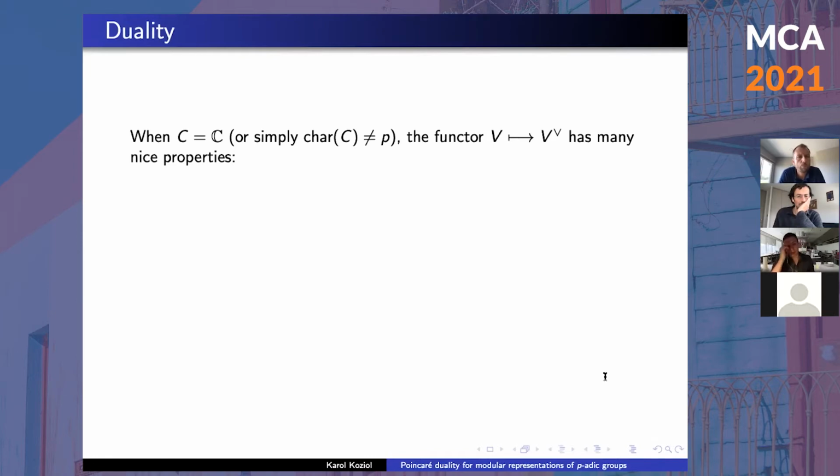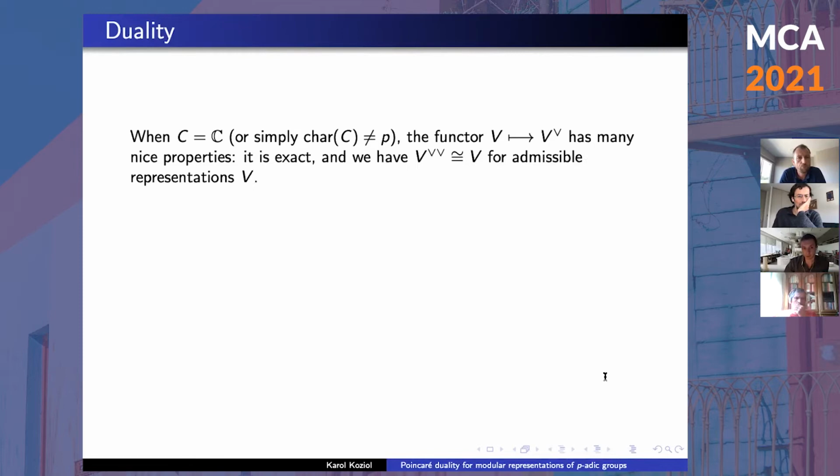Right. And so when I take my coefficient field to be the complex numbers, or even more simply just characteristic different from P, this functor of taking V and passing to its smooth dual has many nice properties. So for example, it is exact, and we have some familiar double duality.